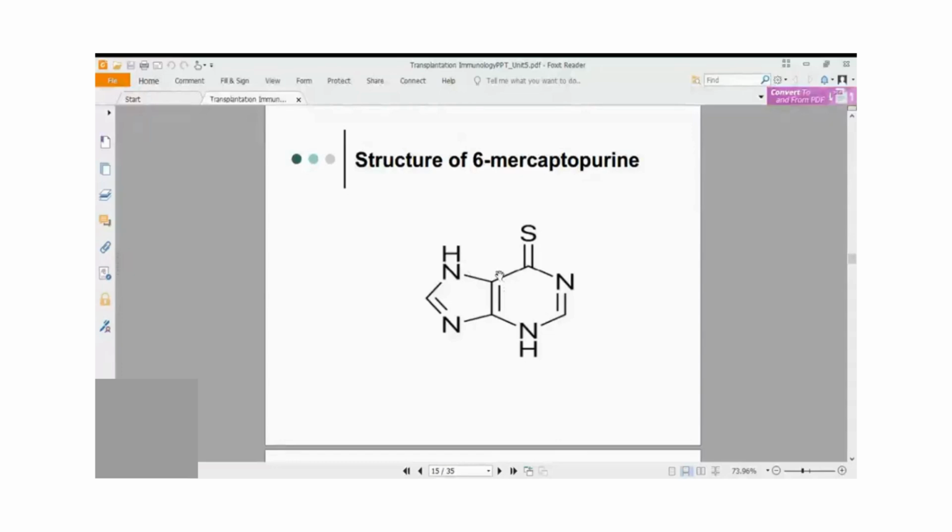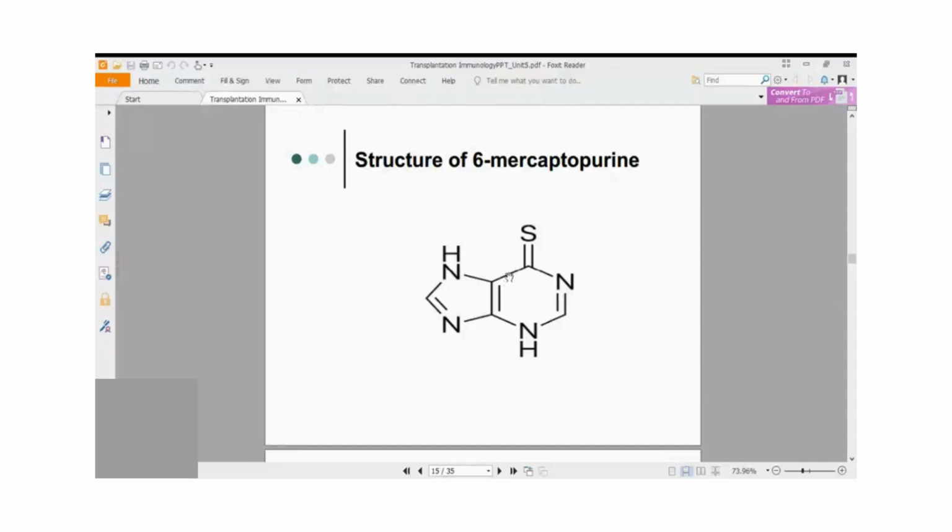And suppose it is incorporated in the transcribed RNA, that is mRNA, the ribosomes will fail to pass beyond this purine nitrogenous base if it is there in the RNA, and it will not be read as a code. So the ribosome dislodges and the translation process gets terminated. So that is how it will interfere.